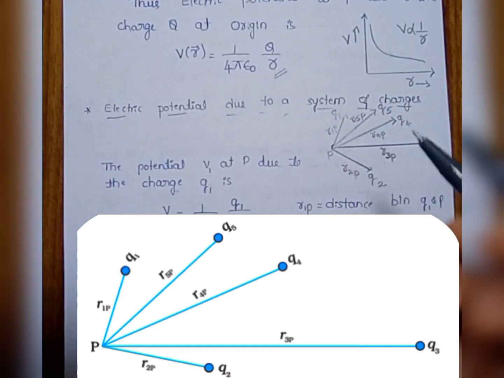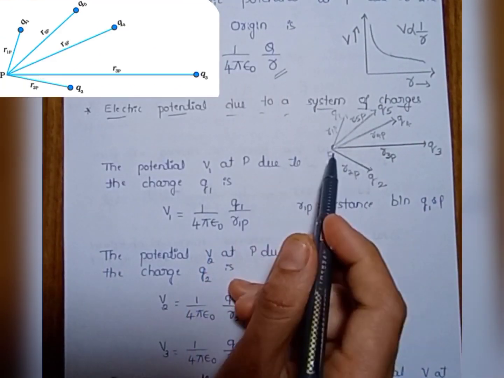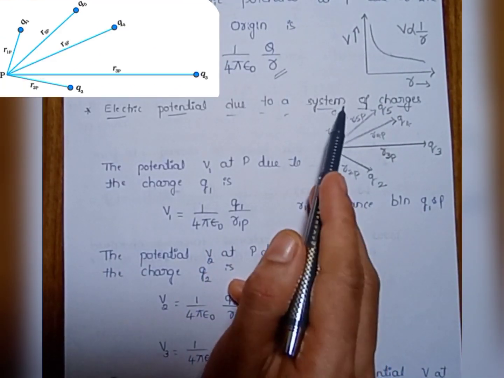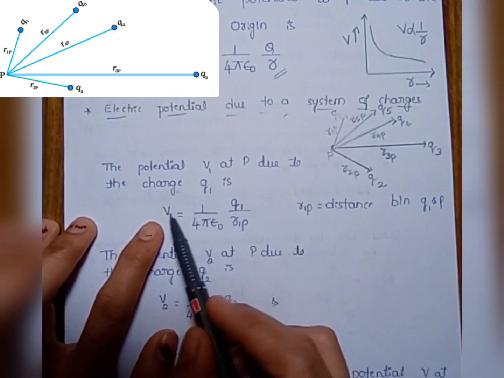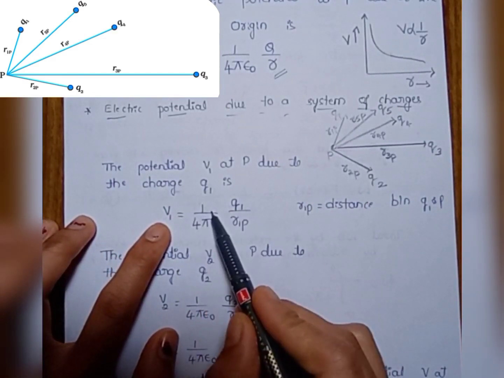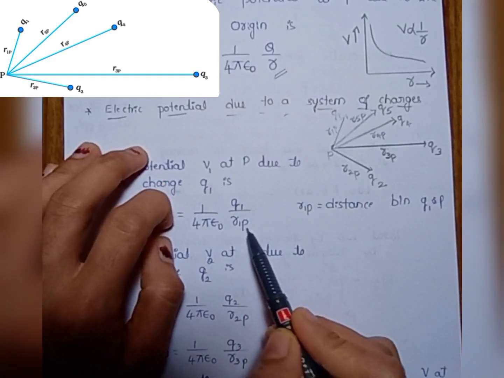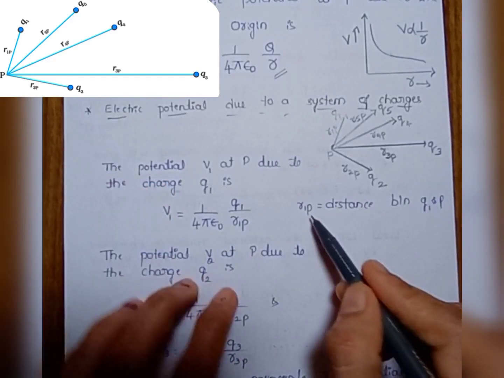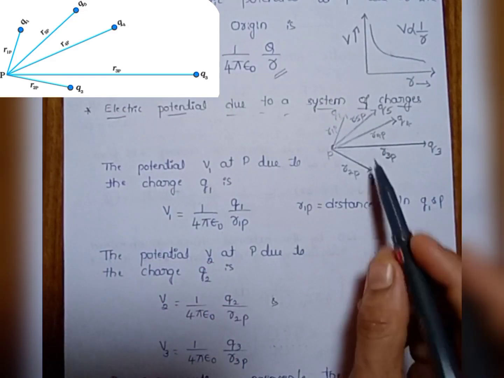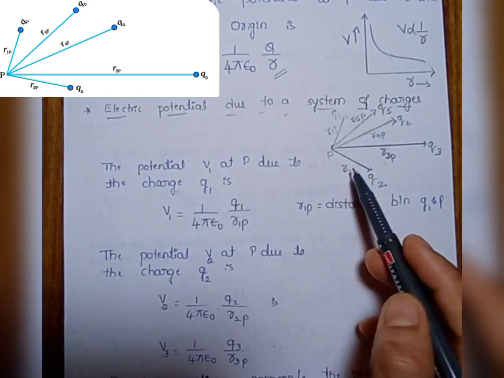The potential V1 at P due to the charge Q1 can be written as V1 is equal to 1 divided by 4 pi epsilon naught Q1 divided by R1p. Here R1p is the distance between Q1 and P.